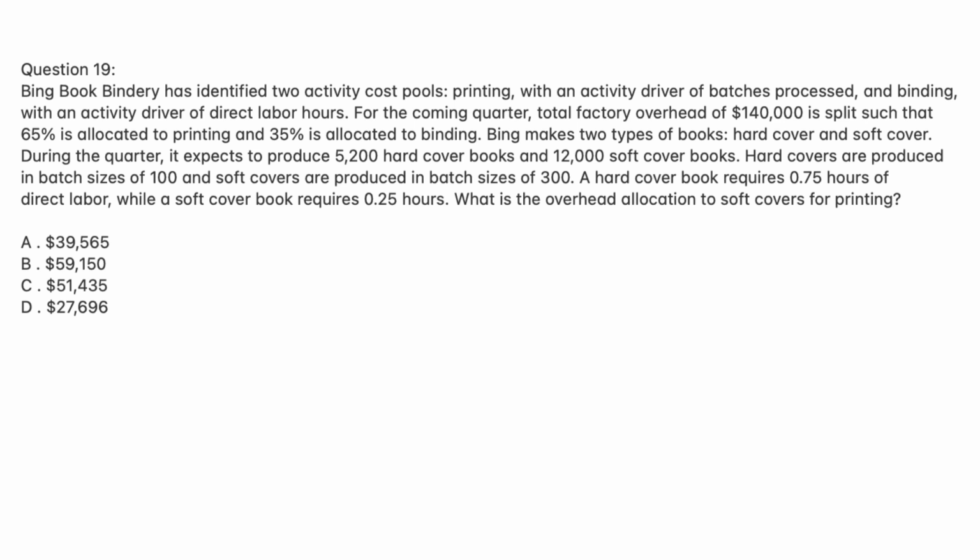During the quarter, it expects to produce 5,200 hardcover books and 12,000 softcover books. Hardcovers are produced in batch sizes of 100 and softcovers are produced in batch sizes of 300. A hardcover book requires 0.75 hours of direct labor, while a softcover book requires 0.25 hours. What is the overhead allocation to softcovers for printing?